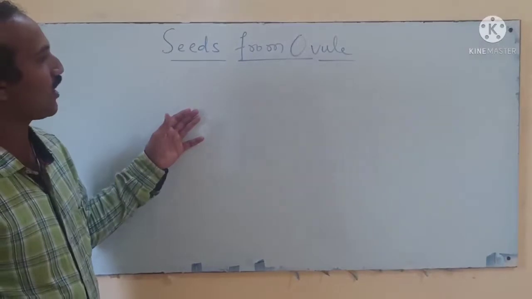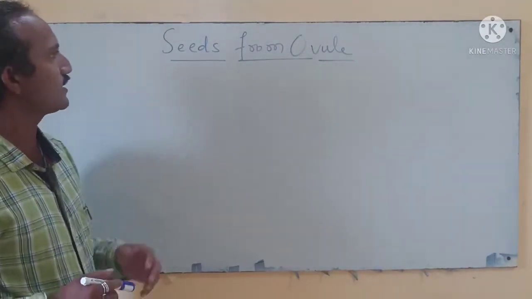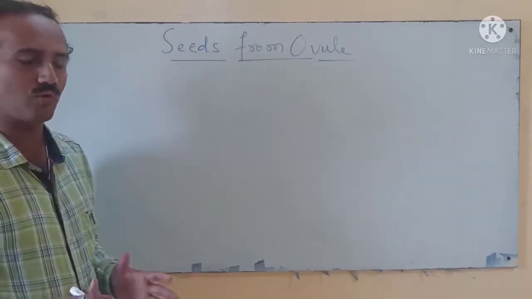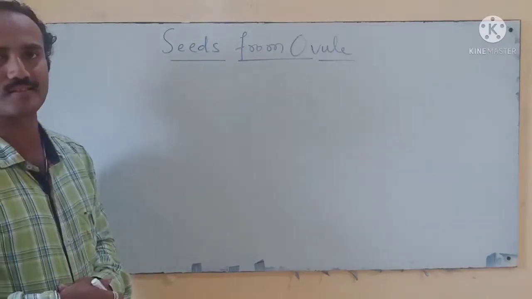Then it consists of seed coats. So a seed consists of seed coats, cotyledons and an embryonal axis.